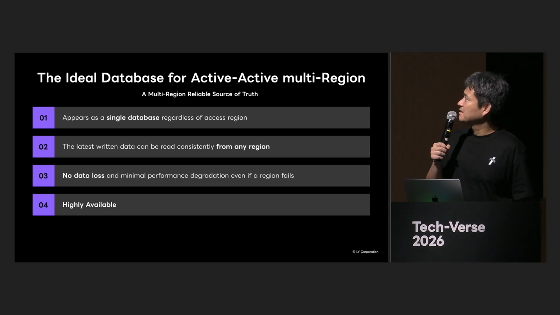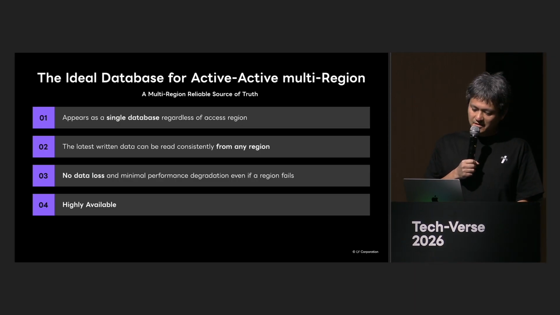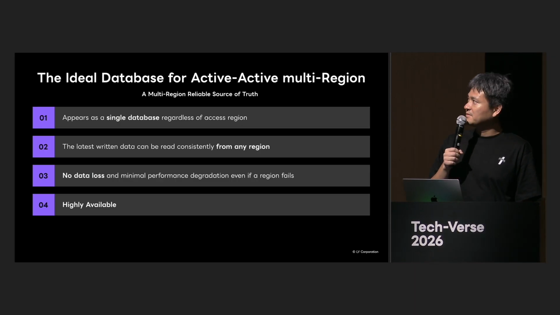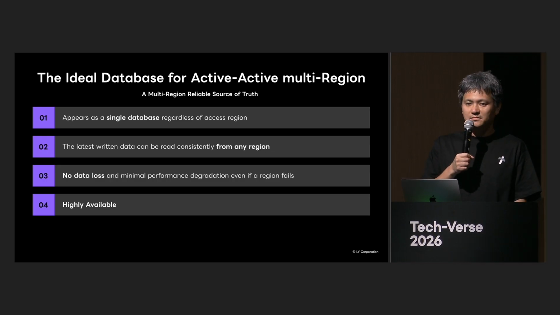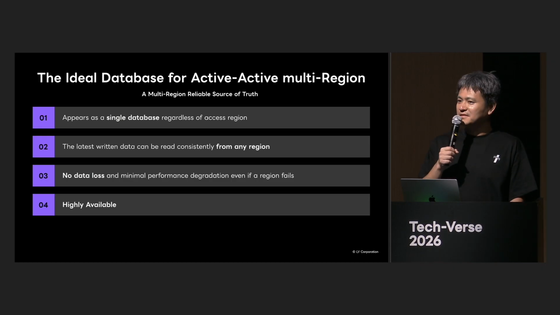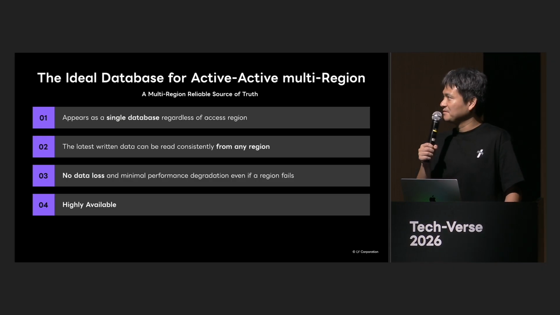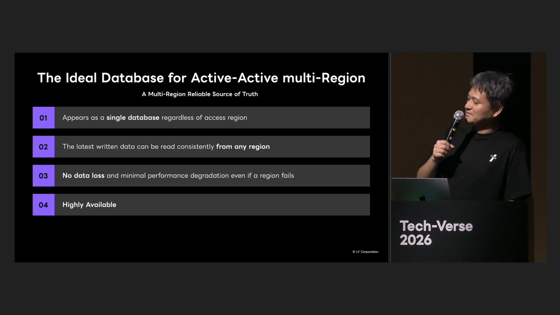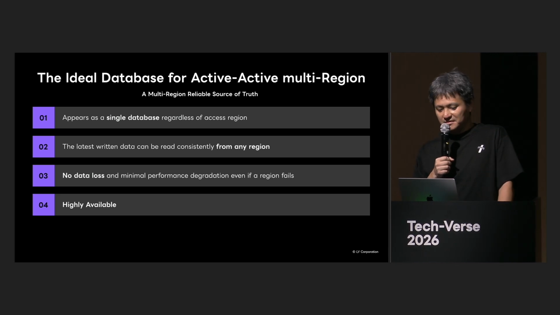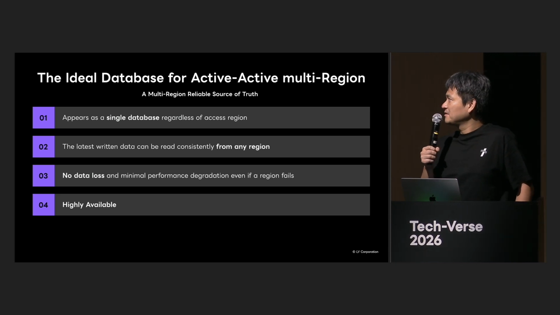To reiterate, in the first part of the presentation, I mentioned that our Messenger backend would be moving to an active-active multi-data center configuration. There, we needed a database that would serve as the source of truth. So, what exactly is a source of truth, if we try to put it into words?